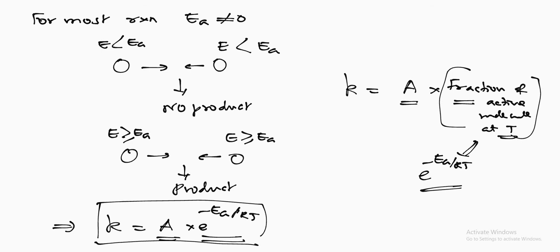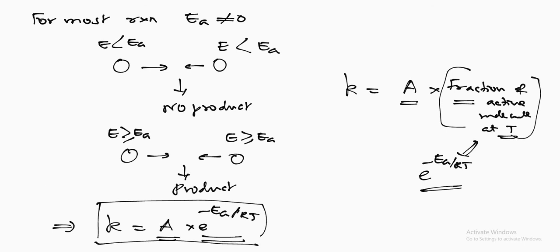Is this clear? So that means not all collisions are fruitful collisions. This is the statement made by Arrhenius. Only some collisions, in which the reactant molecules have energy at least EA or above EA, will give product. That is the reason why there is no increase in rate by 200 to 400 times. The increase in rate is just 2 or 3.